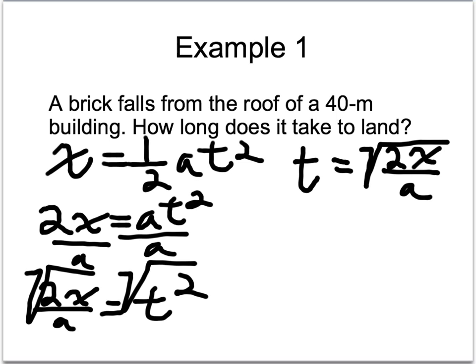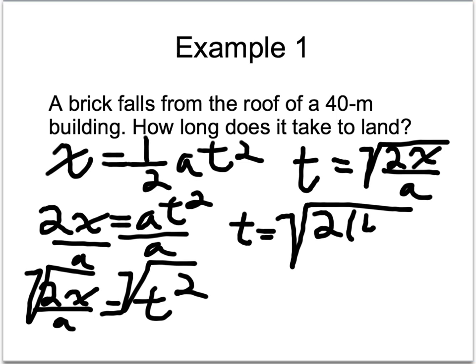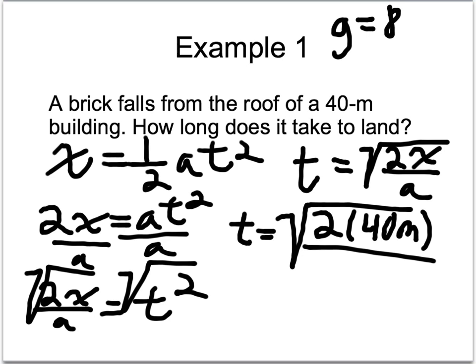Now I'm ready to plug in. t equals the square root of 2 times 40 meters. Uh-oh, a. What's a in this thing? Oh right, so on Earth when we drop things, they experience a downward acceleration called g of 9.81 meters per second squared.